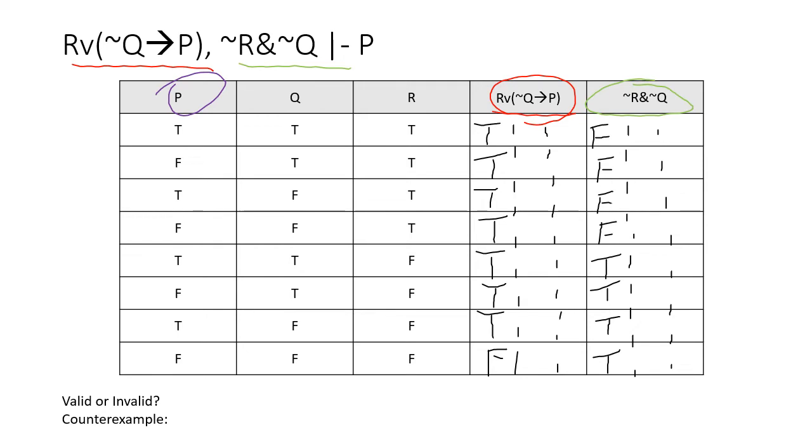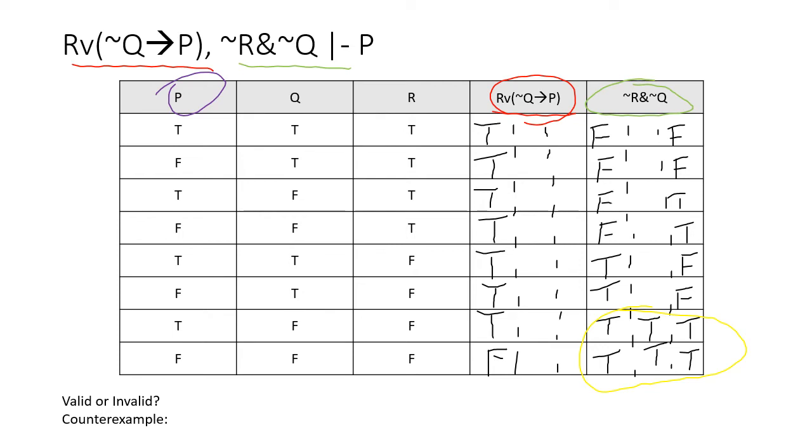And the tilde is functioning on this Q over here. And then we just have to bring back in our ampersand, and we're going to compare those two together. And we're going to see that there's two instances down here in which they're both true.